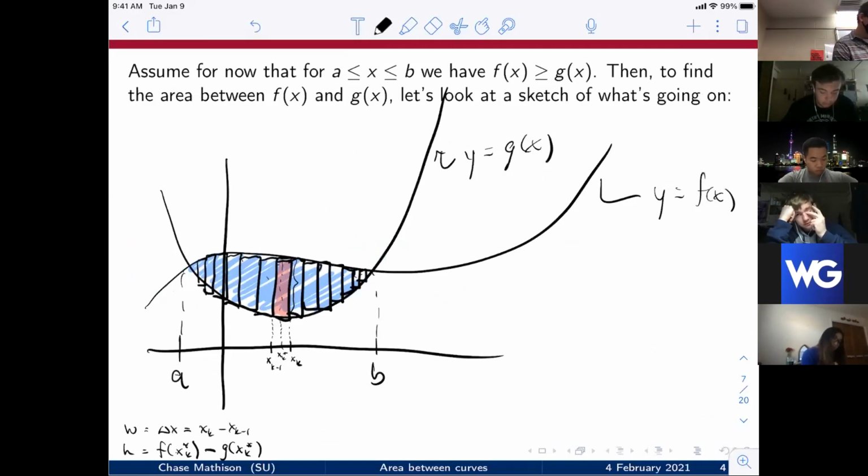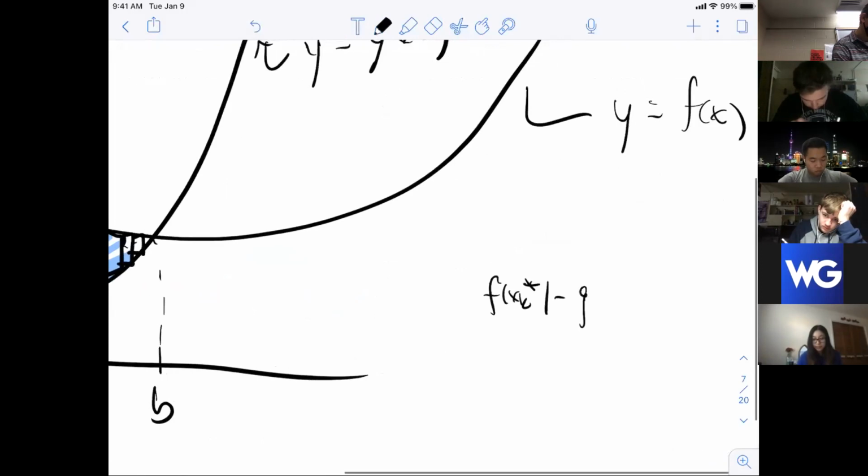All right. So then the area of that one rectangle is just its width times its height, right? Well, that's just f of xk star minus g of xk star times delta x.